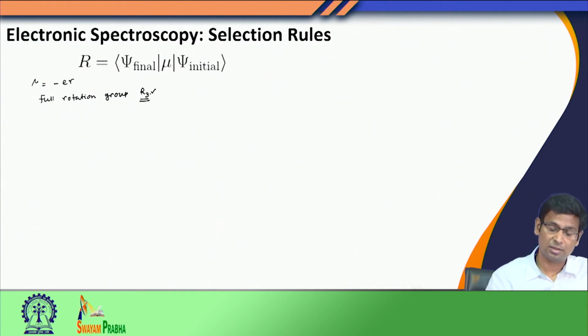So, first of all, atom belongs to this full rotation group R3, whose basis are simply the orbital angular momentum of the atom. So, that means the spherical harmonics, which were the eigenfunctions of the angular momentum operators, can be used as the basis for the full rotation group R3.